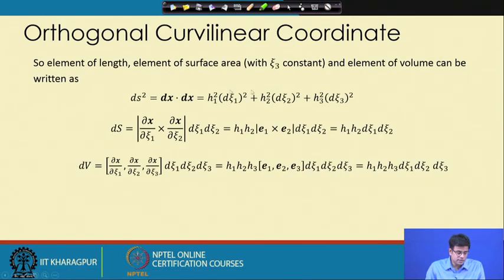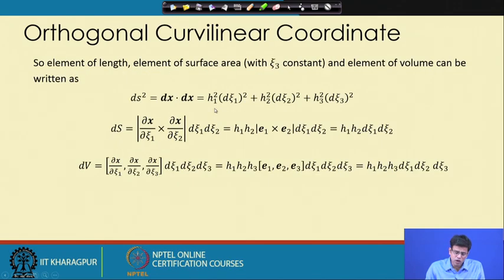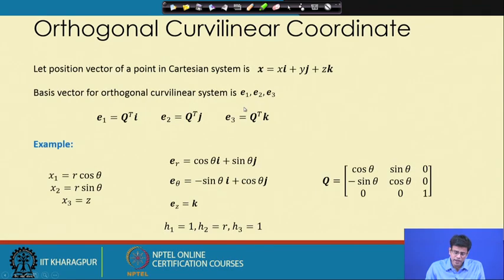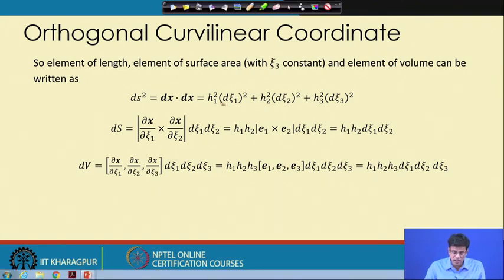Now, for instance, if I want to consider a length element, or the length of a vector, I can simply take the dot product dx dot dx, and by this formula we can calculate the length squared, which is essentially h_i squared d xi_i squared, a simple dot product.